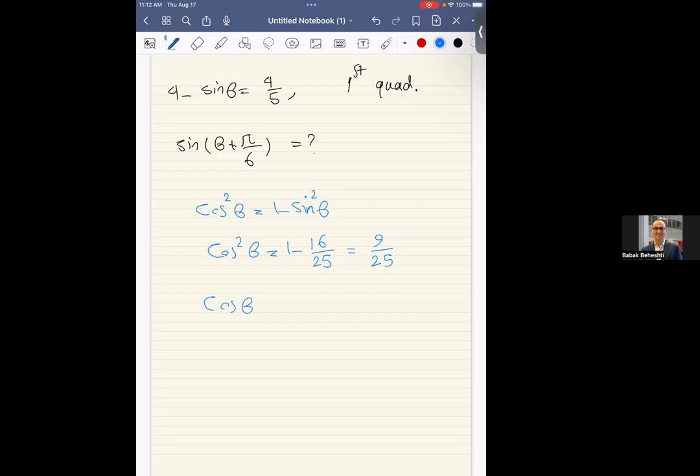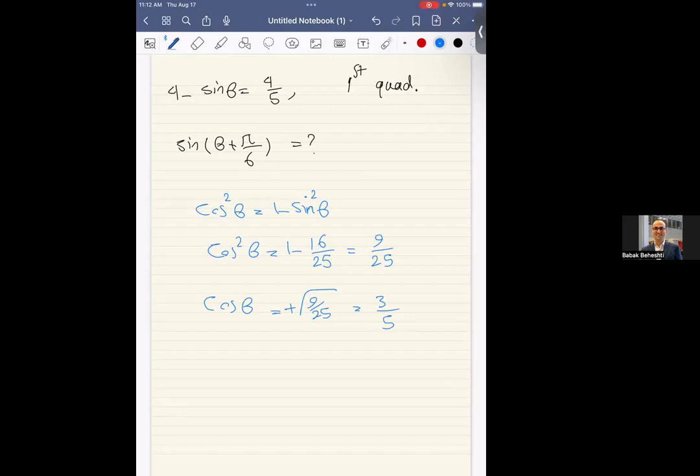Here there are two possibilities, either it's plus or minus. But because theta is in the first quadrant, cosine is positive. So cosine is positive square root of 9/25, which is 3/5.